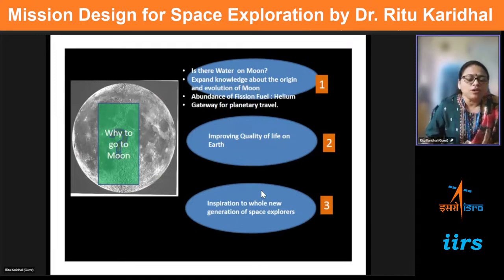So this is one of many reasons, like expanding knowledge about the origin and evolution of the moon, and resource mining, getting helium. Apart from that, another important thing about such missions is improving the quality of life on Earth itself. I will give you an example.